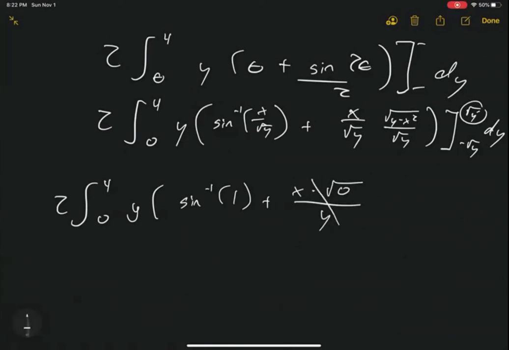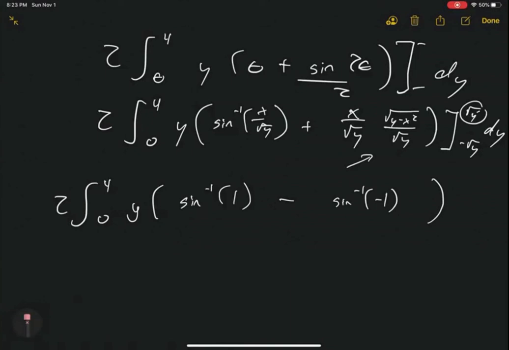So this term gets canceled out when I plug in square root of y. So I just have sine inverse of 1. Then I subtract, plugging in negative square root of y. So sine inverse of negative square root of y over square root of y, which is negative 1. And this term again goes to 0.